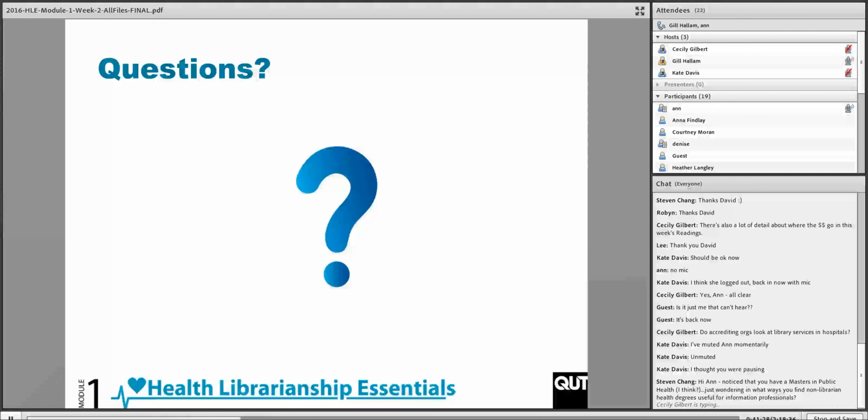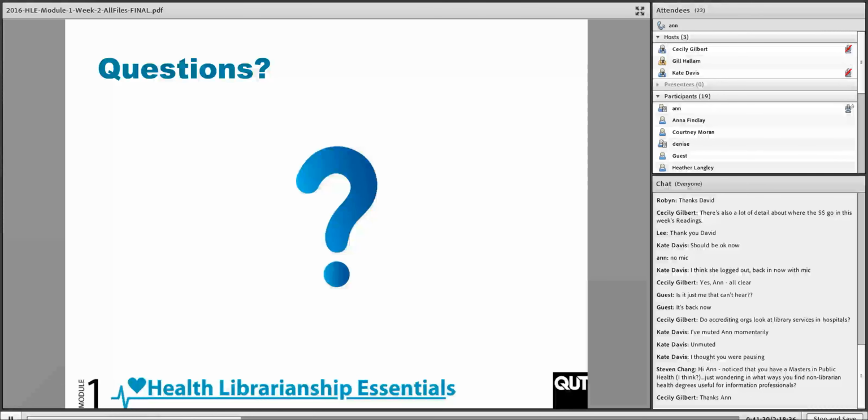There's a question there from Stephen as well, if you'd like to just look at the checkbox. Oh, yeah. Thanks, Stephen. Yes, I do. I've got a Master's in Public Health, and I did an undergraduate in librarianship, and I basically had arts electives, a bit of social science electives, but I always liked the area of health. And when I got into a health library, initially it was family planning and then hospitals, I realised that I needed more expertise in understanding the area of health and particularly research.